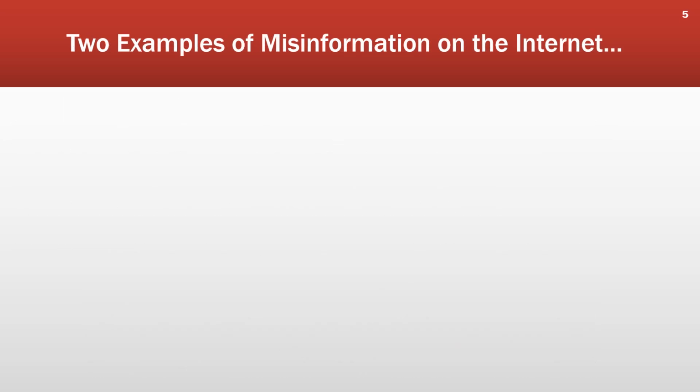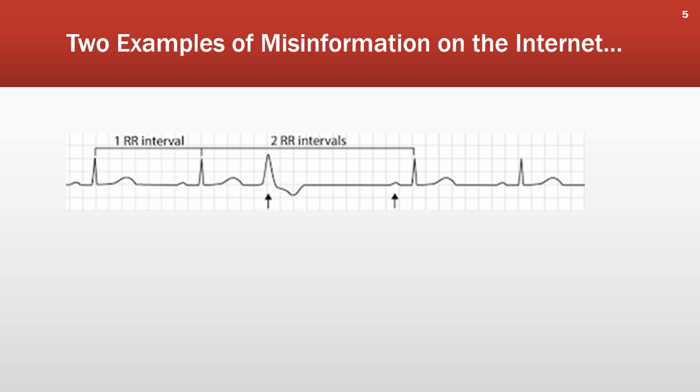Now, I'm going to give you two examples of misinformation regarding compensatory and non-compensatory pauses that I found on the internet. But let me assure you, there's a lot more out there. Here, the people are trying to measure a compensatory or non-compensatory pause by measuring RR intervals.